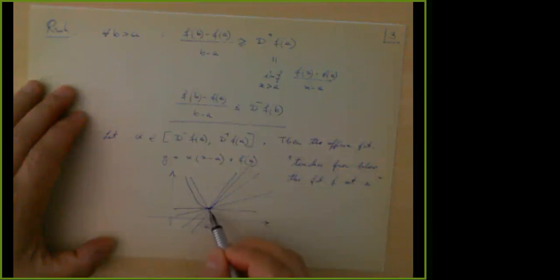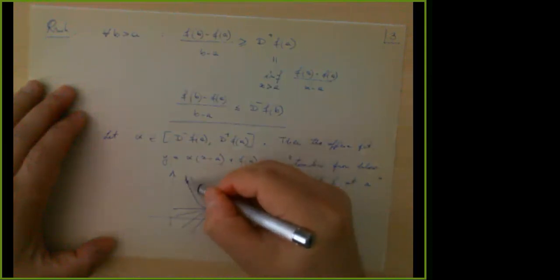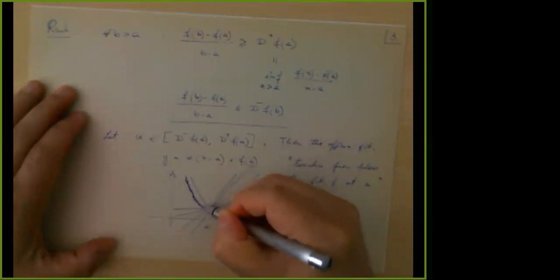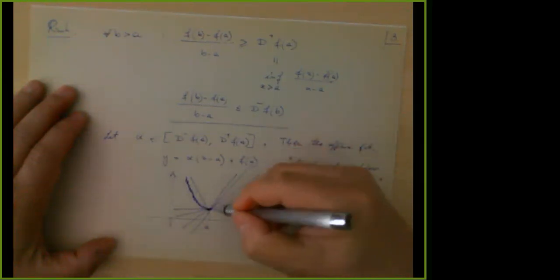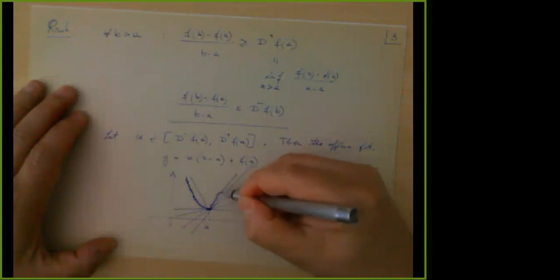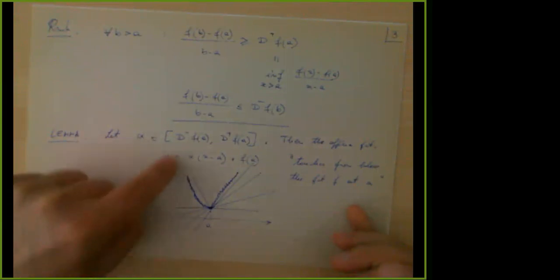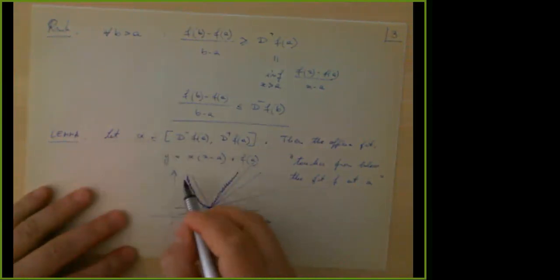What does it mean they touch from below? That at the point a they have the same value, and at all other points, so this is our function, these affine functions lie below the graph of the function f. Okay, so this is the graph of the function f.